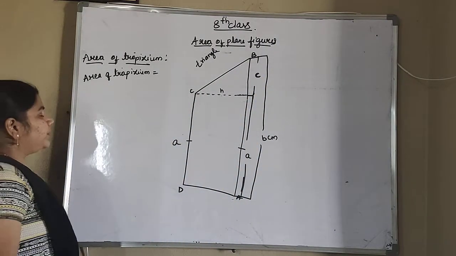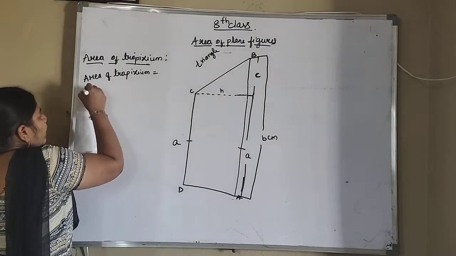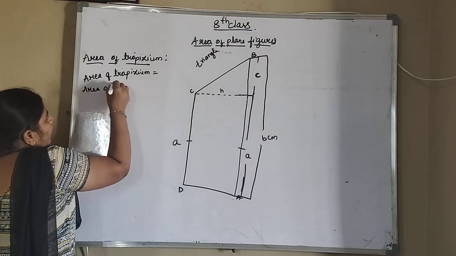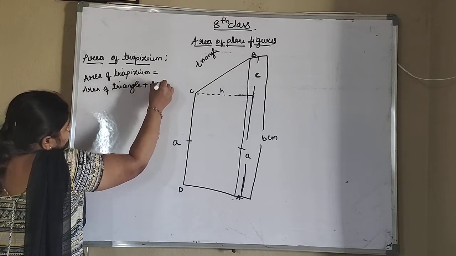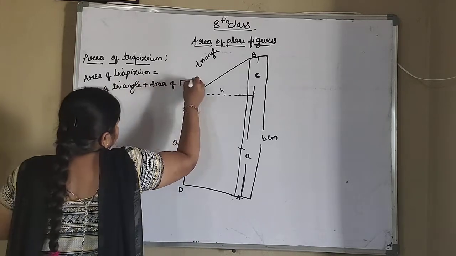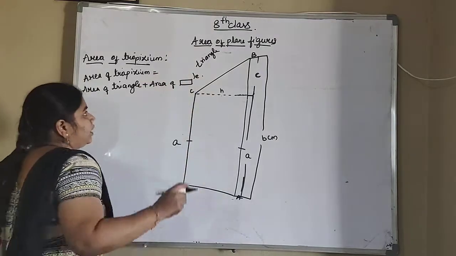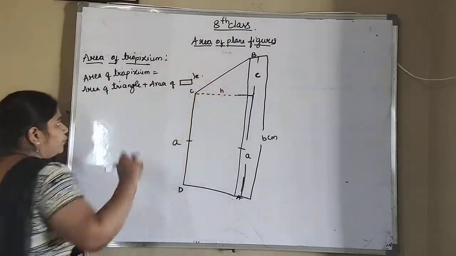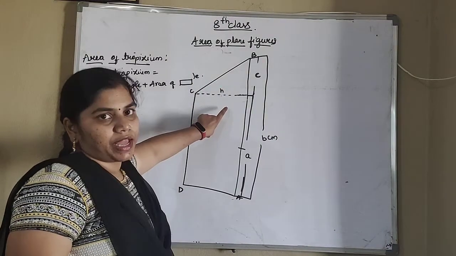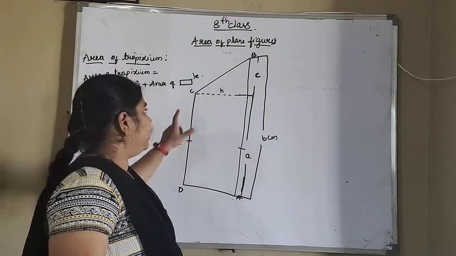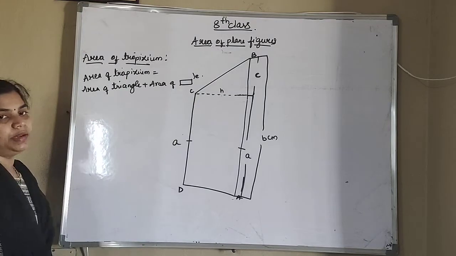Area of a trapezium is equal to area of triangle plus area of rectangle. That means if you find the area of a triangle and the area of a rectangle and add them, that will be equal to the area of the trapezium.